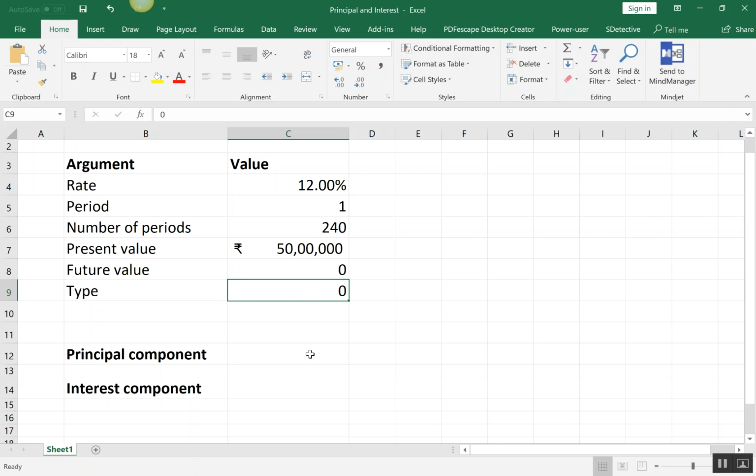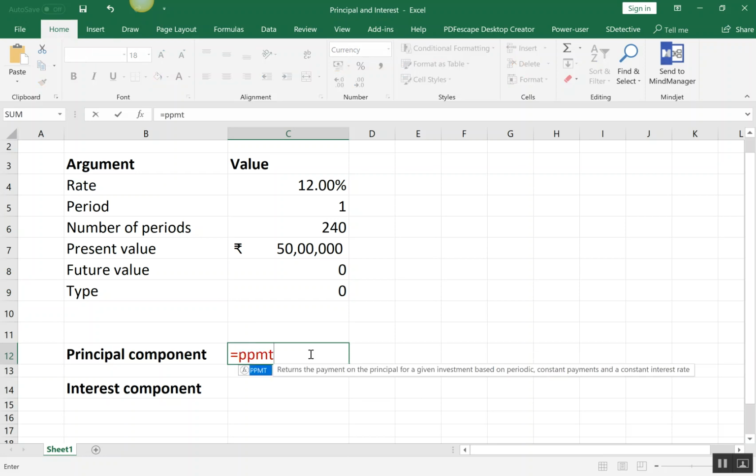Now how do we understand what's the principal component out here? For that we use a function which is called ppmt. As you see over here, we have to take the interest rate and divide it by 12, because we are doing the classification in form of number of months.